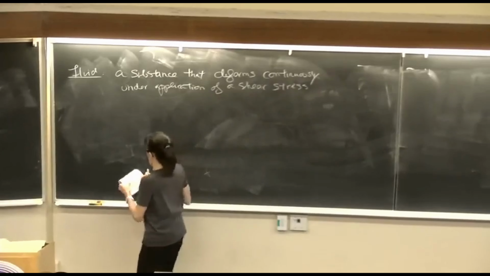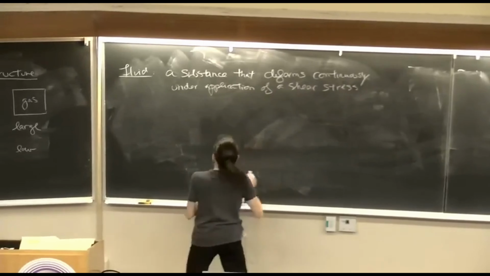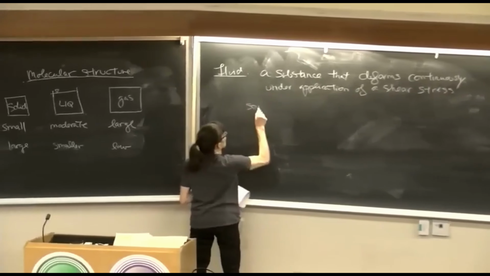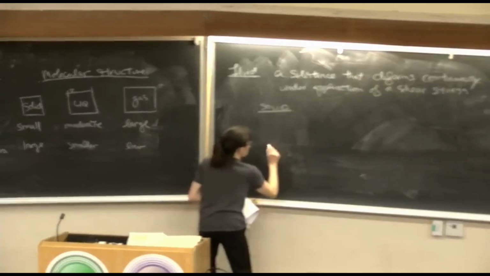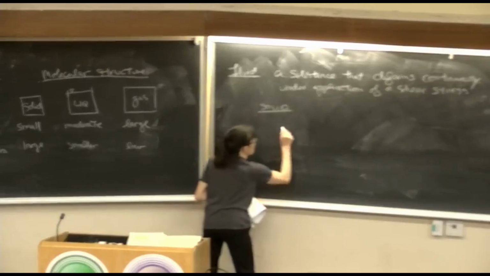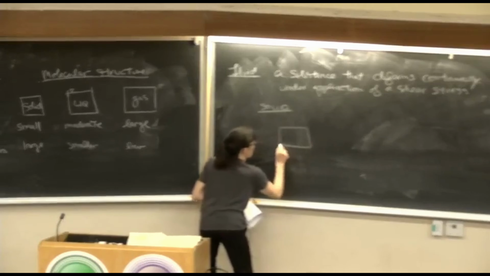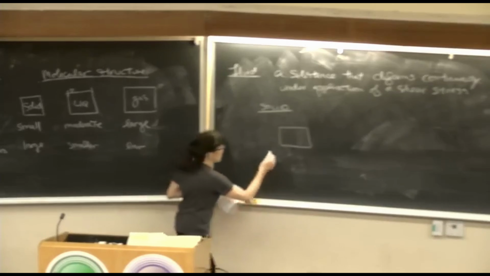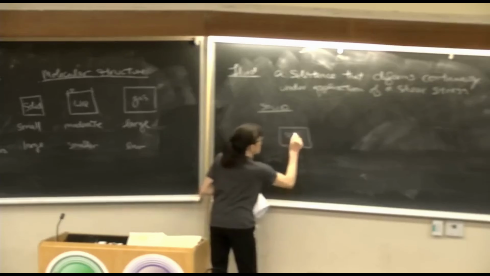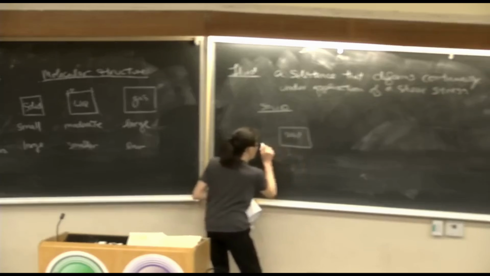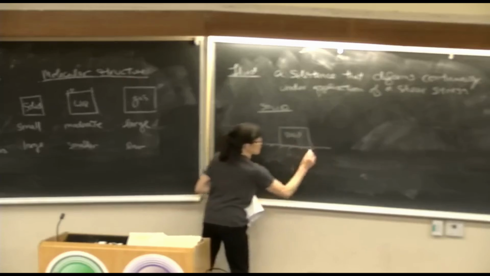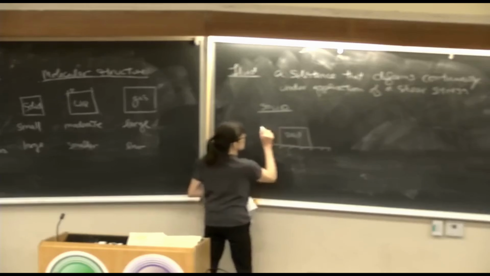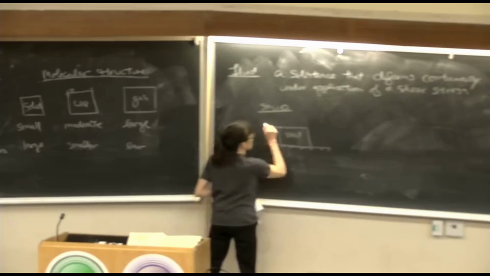Okay, so let's just consider a solid first. Let's say we have some block of a solid, and it is attached to a lower surface that is fixed and attached to some upper, maybe it's a plate.